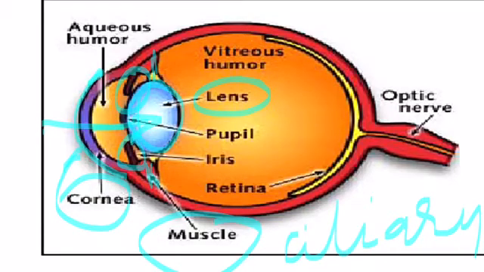Next part is the retina. Here is the retina, which is also called the screen of the eye, because the light rays come through the pupil, pass through the lens and converge on a screen called the retina. The retina is the light-sensitive inner lining at the back of the eye.